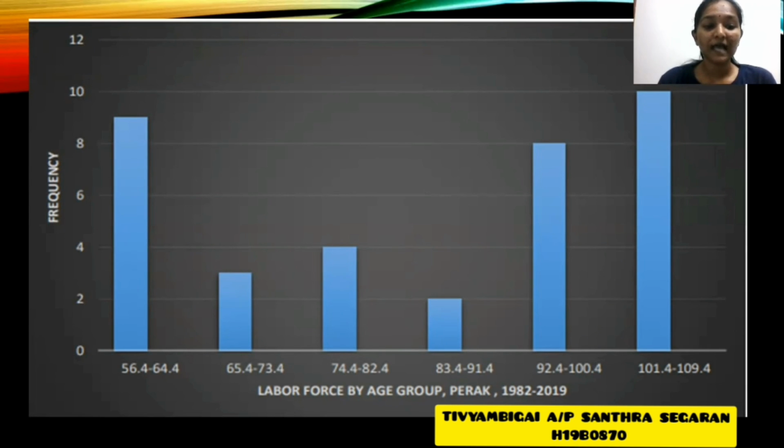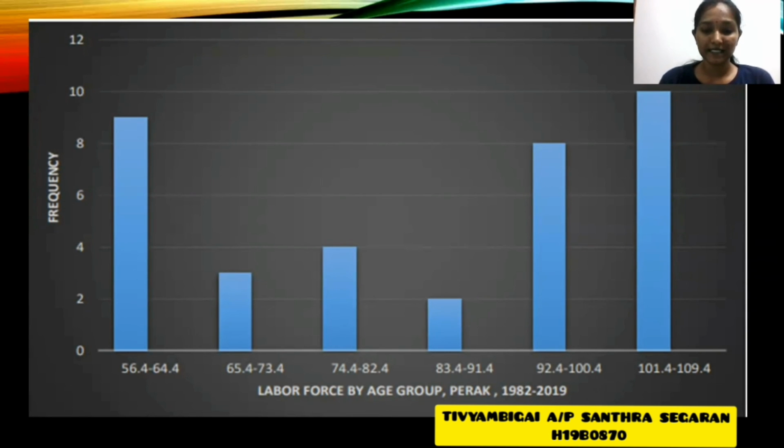Our first class is 56.4 to 64.4. The frequency is 9. Second class is 65.4 to 73.4. The frequency is 3. Third class is 74.4 to 82.4. The frequency is 4. Fourth class is 83.4 to 91.4.